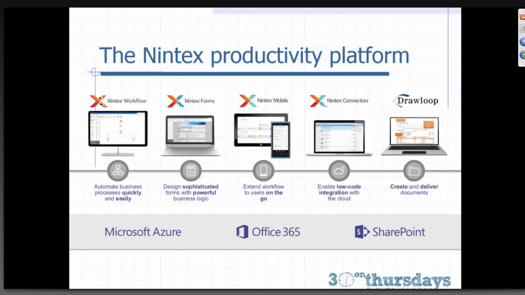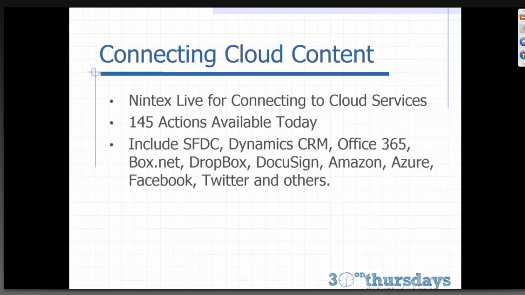So let's talk first about connecting to cloud content, because I mentioned Nintex Live is the way that we do that. Today in Nintex Live we have about 145 actions, all of them primarily for connecting with other cloud-based systems. That includes Salesforce.com, Dynamics CRM, Office 365, Box.net, Dropbox, DocuSign, Amazon, Azure. All of those are cloud-based systems that we integrate with.